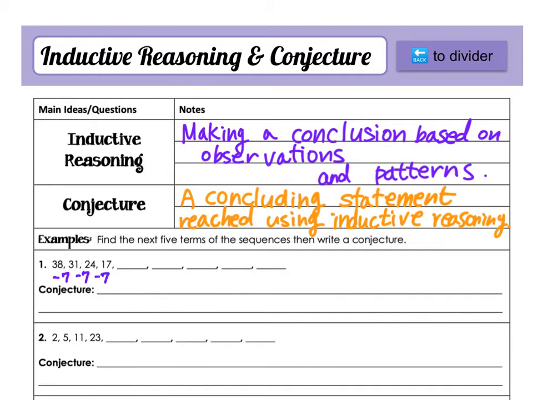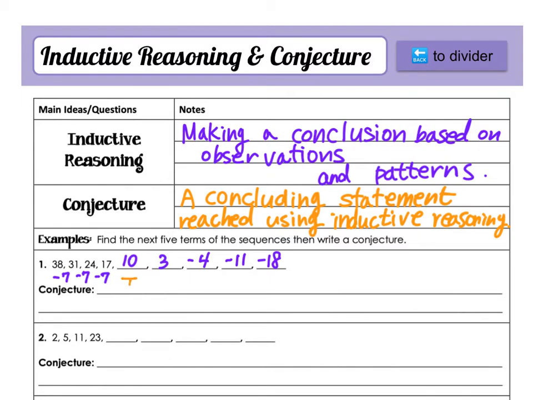So for the next number, we subtract 7 from 17. So it is 10. 10 minus 7, 3. 3 minus 7, negative 4. Negative 4 minus 7, negative 11. Negative 11 minus 7, negative 18. So for the conjecture, you just describe the pattern used to get the next terms, right?